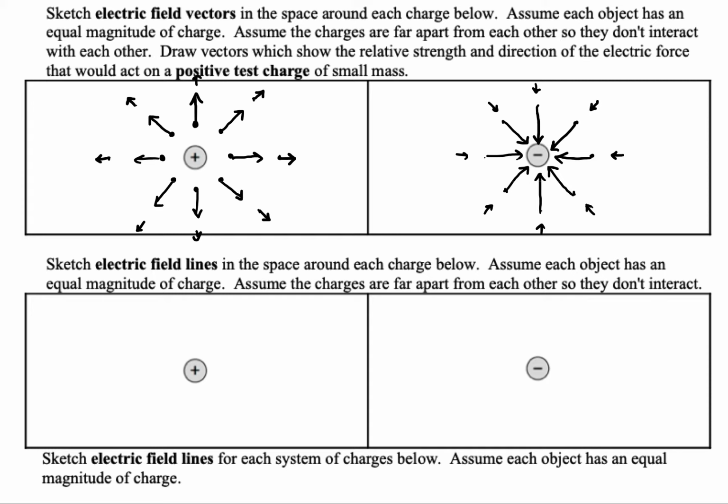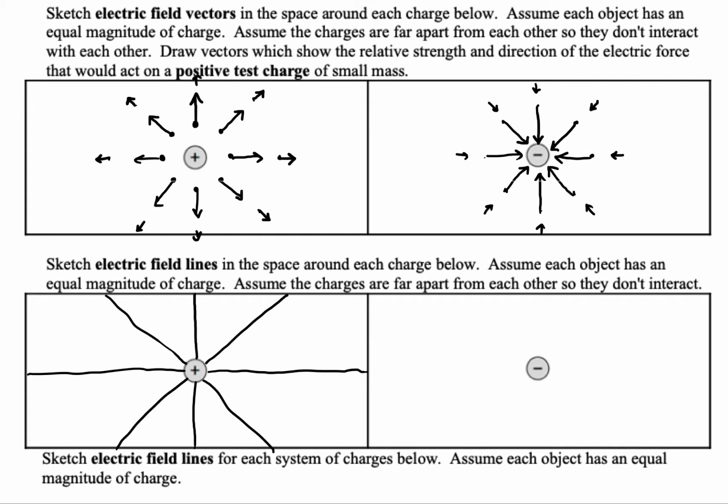We also want to utilize a different graphical method of showing the electric field, and that is electric field lines. Electric field lines are nothing more than just connecting the electric field vectors into smooth, continuous lines. And we want to put arrows showing the direction.